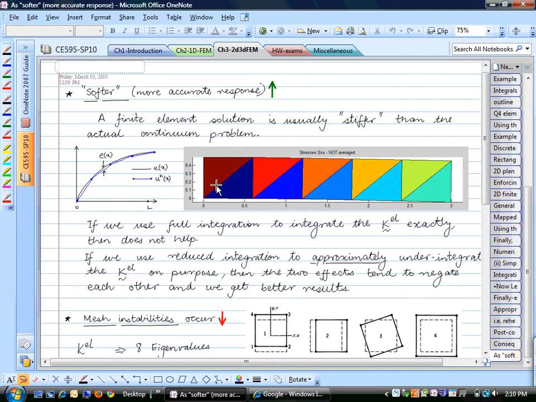The stress within each triangle is constant, right? Which means that, let's say if this value is 0.4 or whatever this is, we have a constant stress right next to it. Another stress here, another stress here. So if you consider this edge, there is a discontinuity of stresses at the edge, okay?